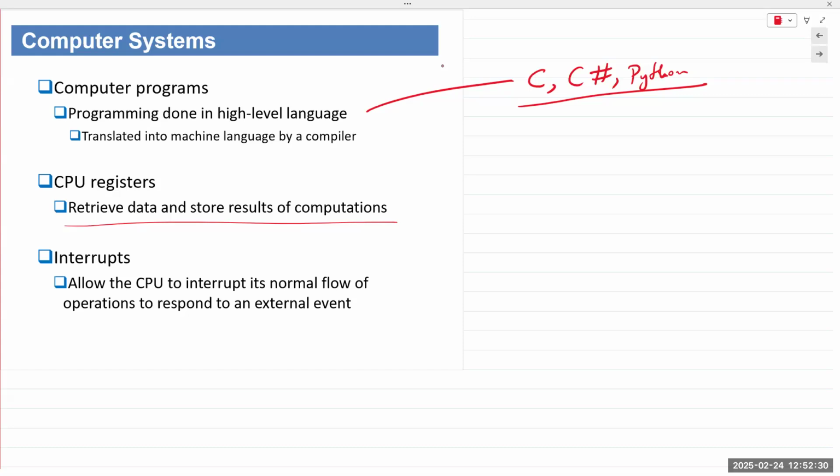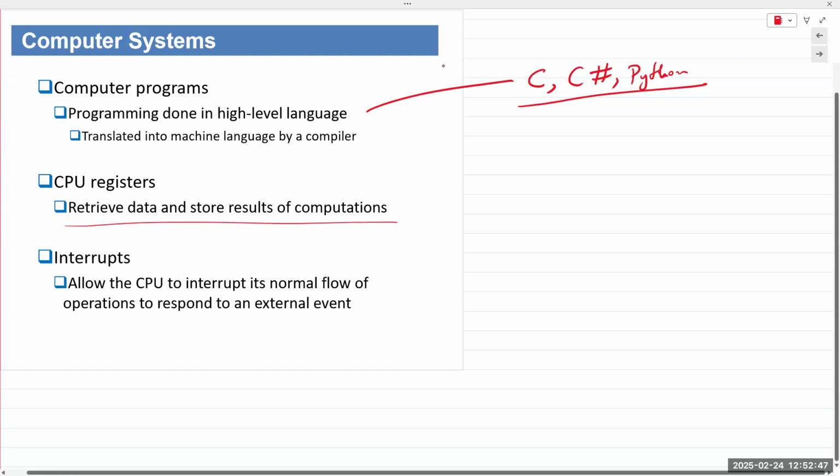Polling is where a processor will continuously monitor every sensor that is connected to it. An interrupt is where a sensor or a peripheral will interrupt the CPU and say, okay, hey, I need your immediate attention. You need to address this.